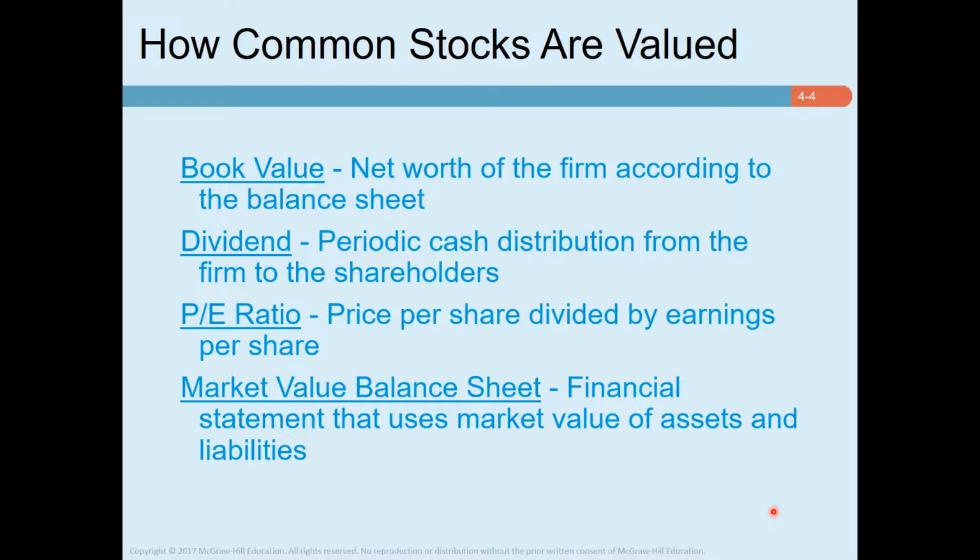Price earning ratio is the current market price divided by the earning per share. A higher price earning ratio generally indicates an overpriced stock, so investors try to avoid that. A lower price earning ratio may indicate that the stock is underpriced and an investor may consider buying it. And market value balance sheet represents the market value of the assets and liabilities of a company.